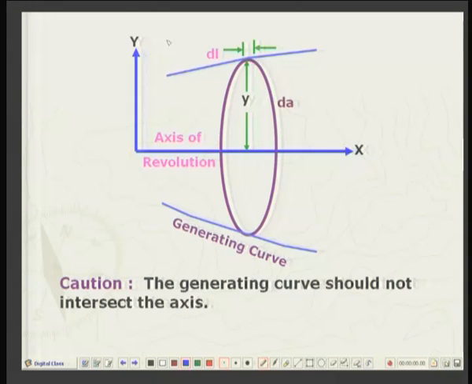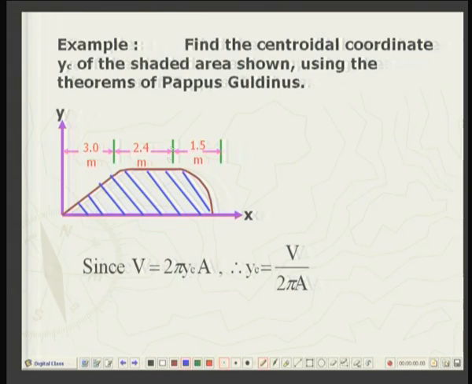Again I will show you an example. Suppose we have a planar area whose boundaries are a straight line and a curvilinear portion, and about the lower edge of this area you may imagine that we have cut out a cardboard piece of this shape, and at the lower edge of the cardboard piece we have attached a kind of axis or an axle, and around that axle this cardboard is being rotated.